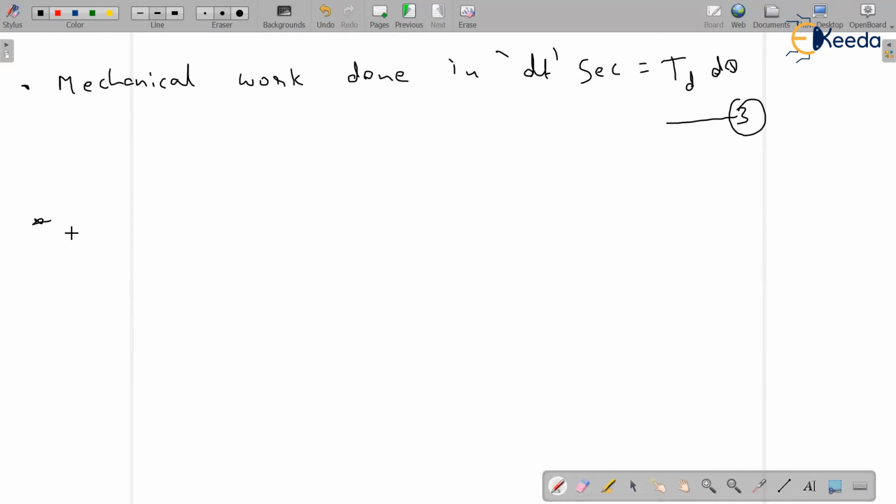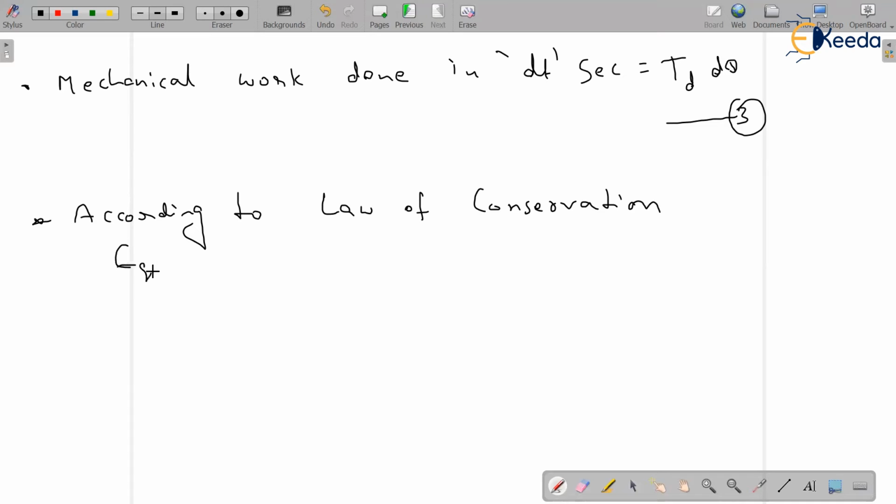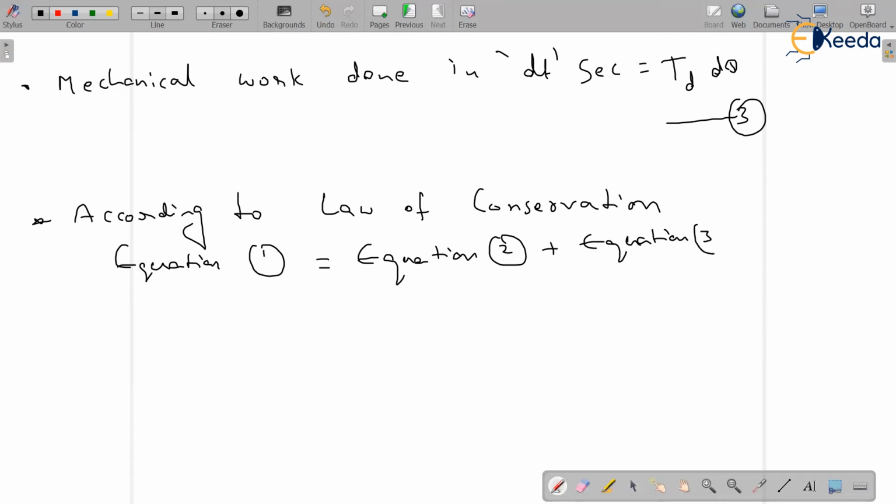According to the law of conservation, equation 1 is equal to equation 2 plus equation 3. What is equation 1?